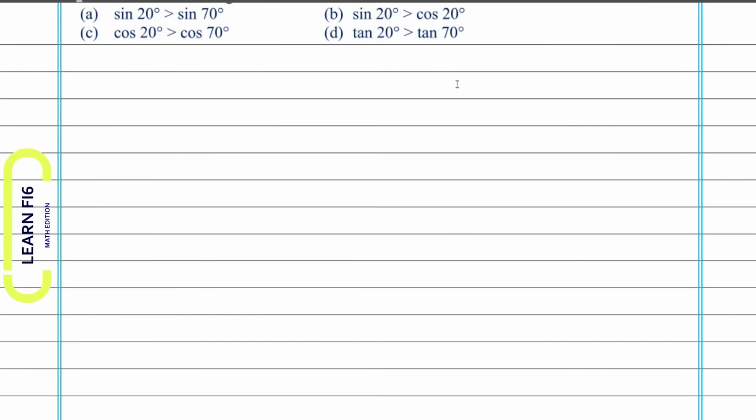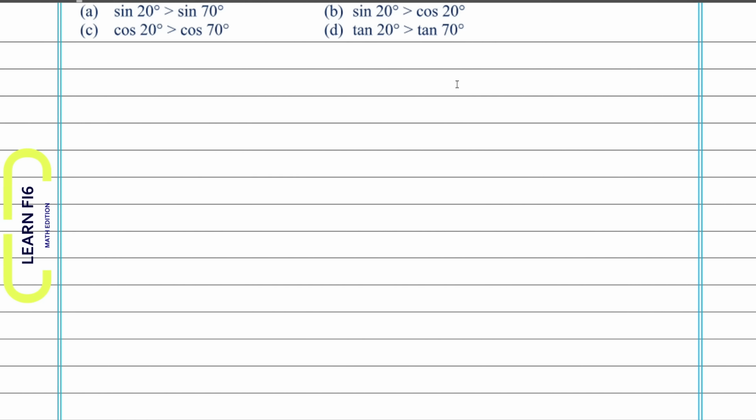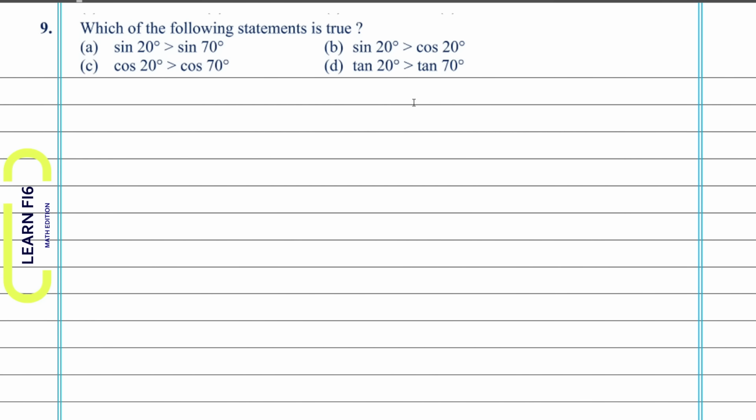Let's go to question number 9, in which we know the sine function increases from 0 to 90, and the cos function decreases from 0 to 90. The sine function always increases, but the cos function always decreases.